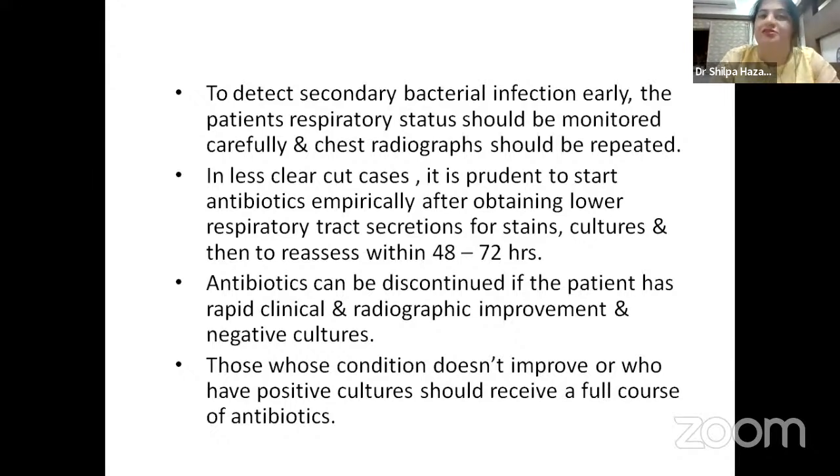But if the status is not improving or if they are deteriorating, or if they start getting high grade fever and the respiratory distress is also deteriorating, then secondary bacterial infection becomes more likely.